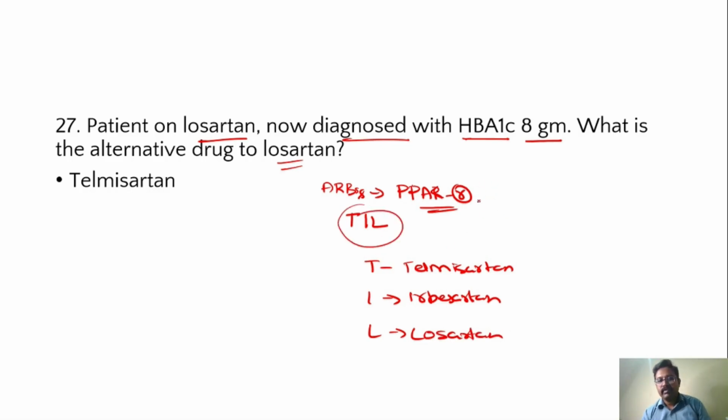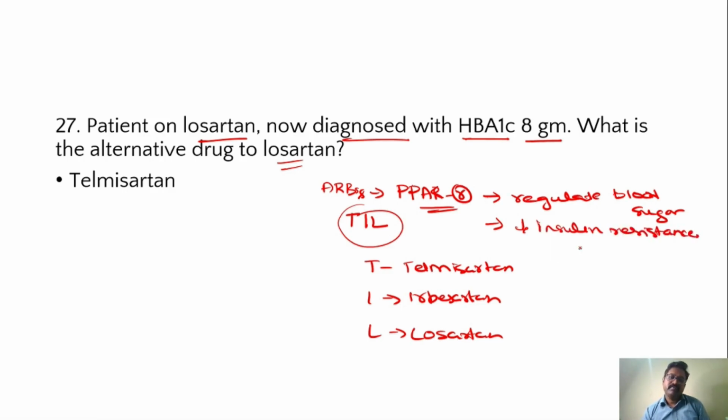So these peroxisome proliferator activated receptors gamma will regulate the blood sugar levels, and also decrease the insulin resistance. Apart from that, these PPAR gamma will also increase the nitric oxide synthesis by activating the endothelial nitric oxide synthase.